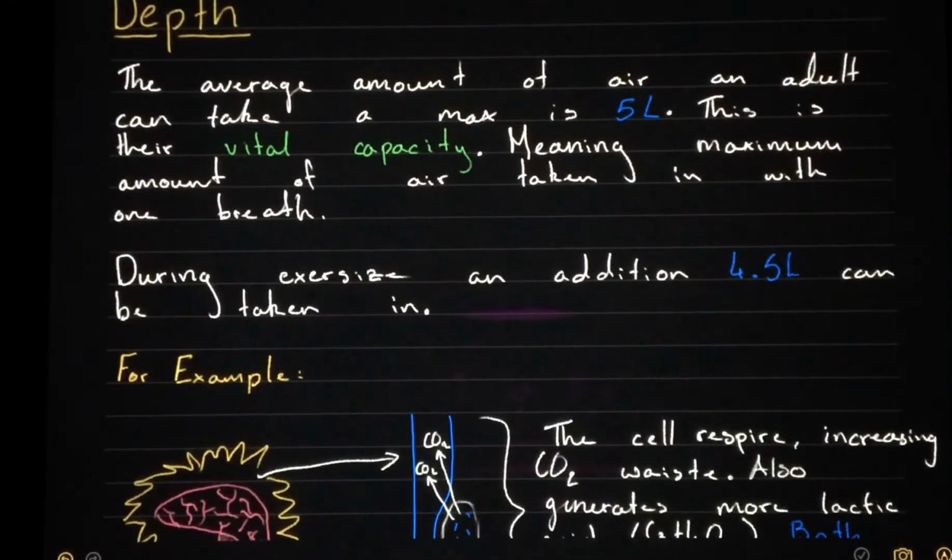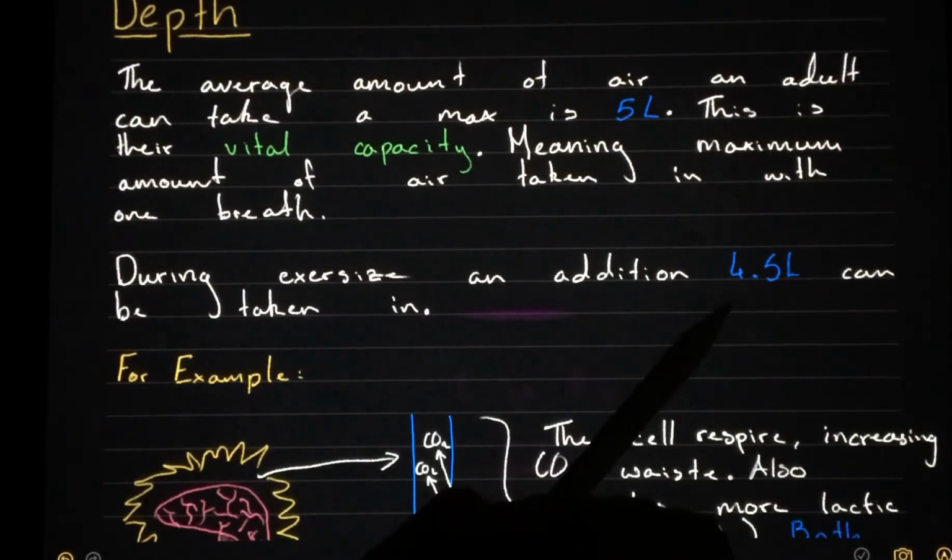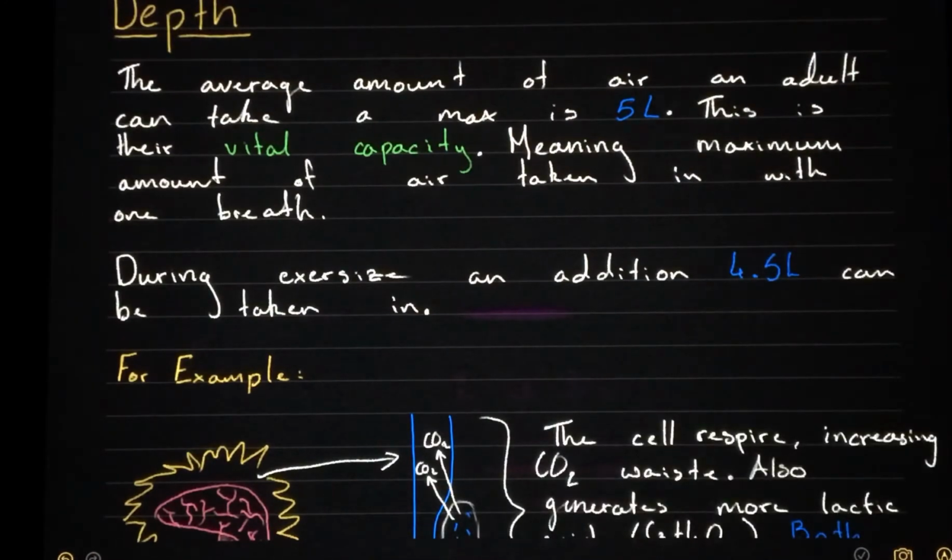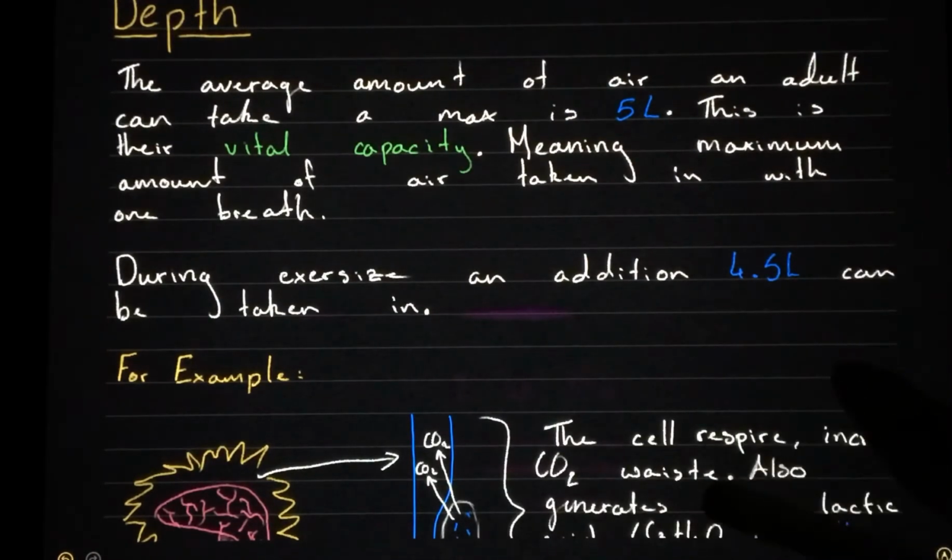Vital capacity is the maximum amount of volume in the lungs. So at rest, it will be 5 liters for a fully grown adult on average. However, during exercise it can increase by another 4.5 liters, which personally I find quite incredible.